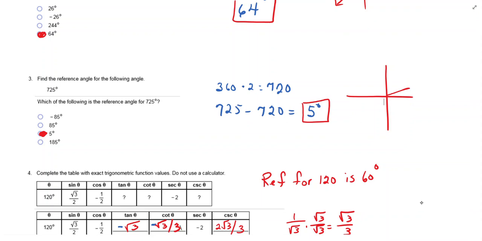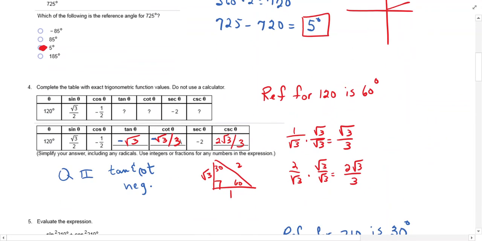This one has us complete this table with exact values. Here's what I want you to think about. Theta is 120. What did we say the reference for that was? It's 60 degrees. We're beginning to realize that we memorize 60 and 30 and 45, and once we know those, we can get these.